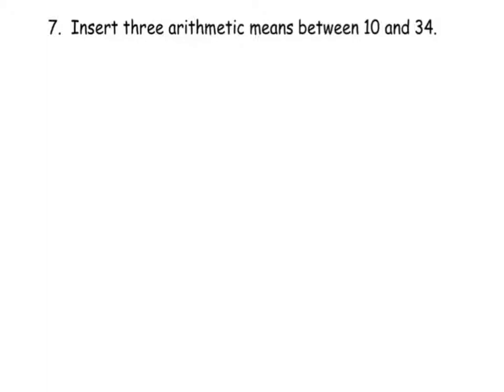So I'm going to say that my first term is 10. Then I have to insert mean 1, mean 2, and mean 3. Therefore, my 34 is going to be my fifth term.